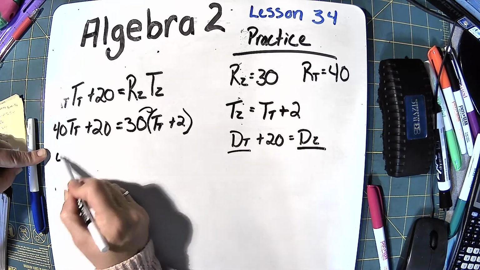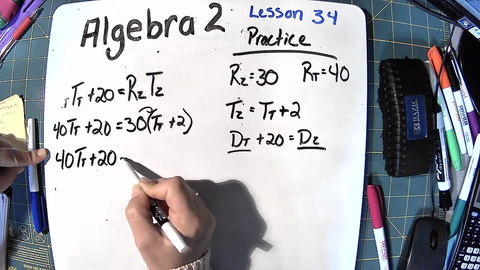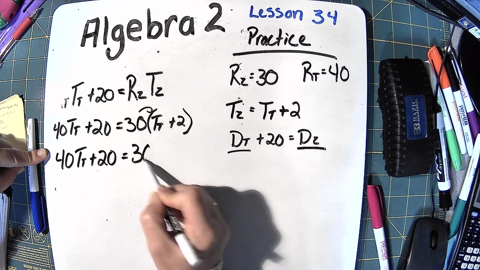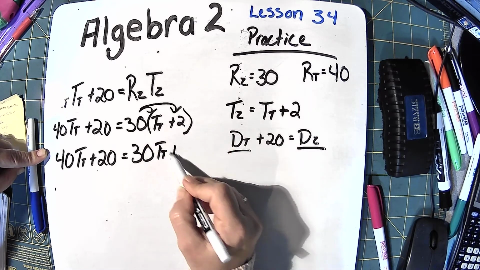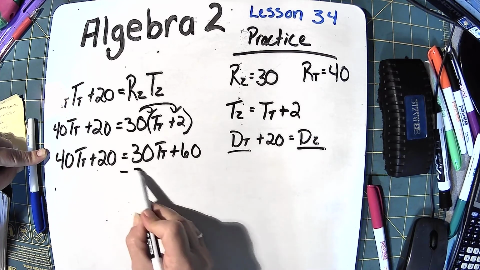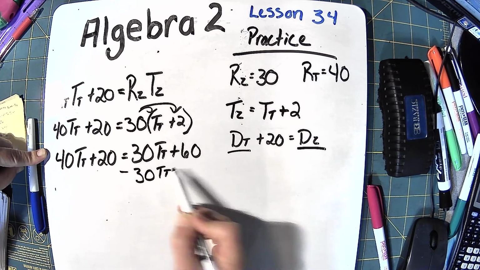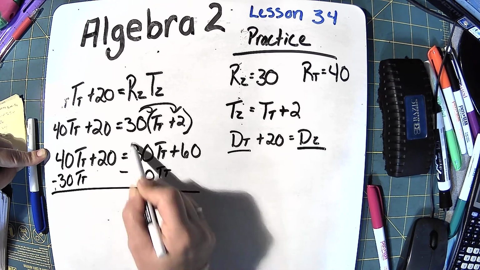Okay, now we're just going to distribute this first. So we're going to bring all this down. It'll be 30t. 30 times 2 would be 60. Okay, now we're going to get our variables on the same side, so minus this 30t. Those cancel.